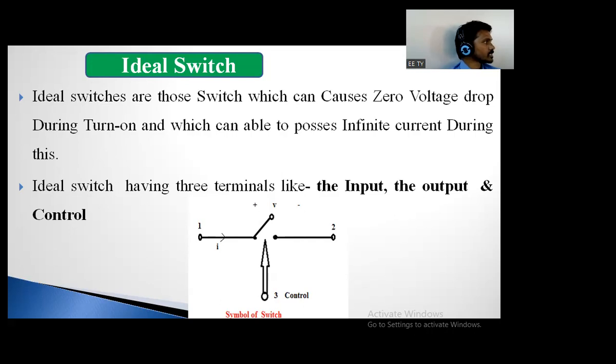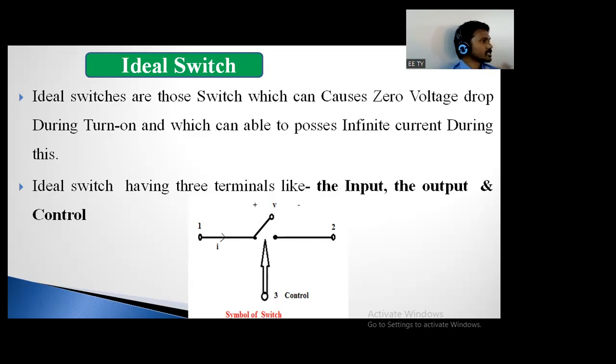We know the formula: Eb is proportional to K phi omega m. Back EMF is directly proportional to motor speed, omega m. Omega m is motor speed in radians per second, or we can use N, which is motor speed in rotations per minute.